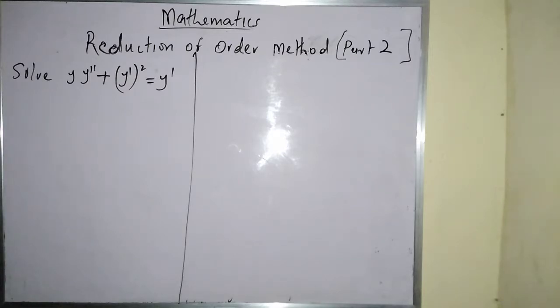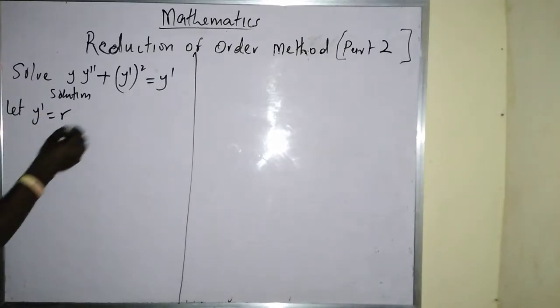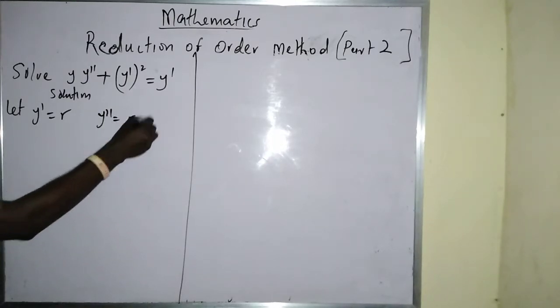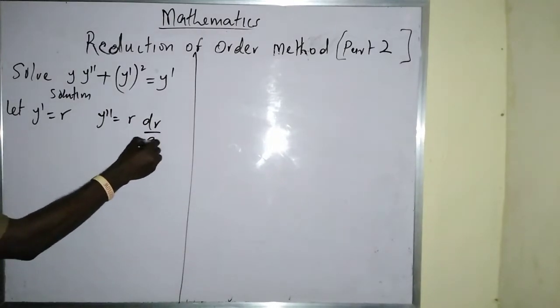Now, as the solution to this problem, the first statement is, let me use y prime equals r, and y double prime equals r dr all over dy.